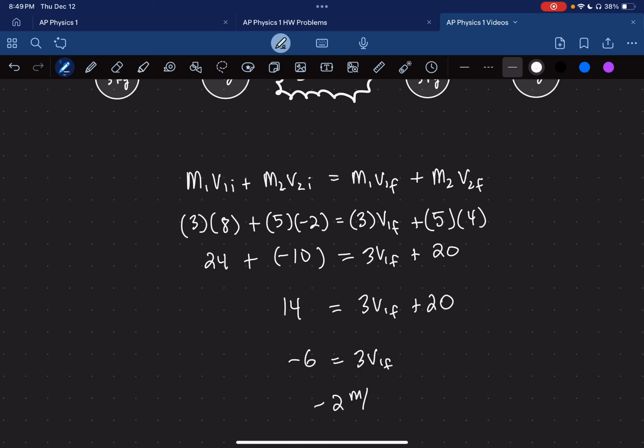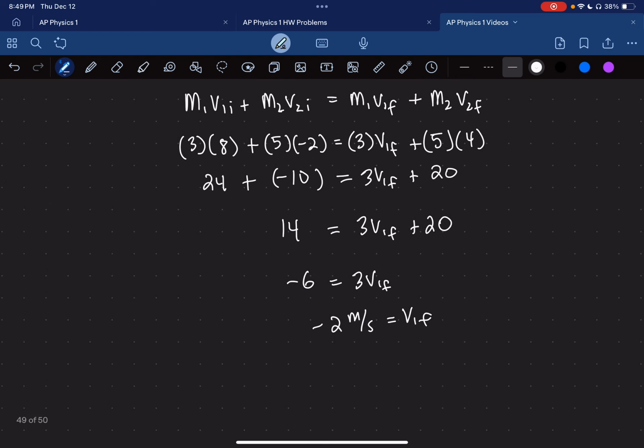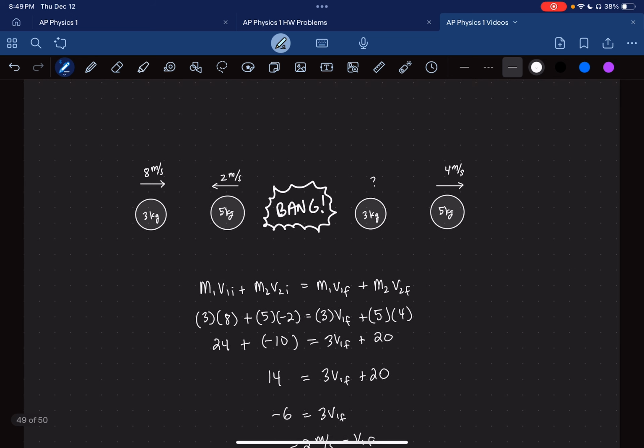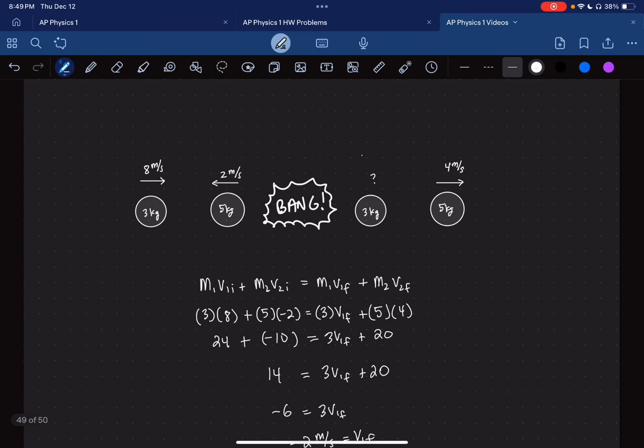And so this is -2. But we should write this as 2 meters per second to the left. That is the final velocity of the first object. So it would be moving this way, 2 meters per second.